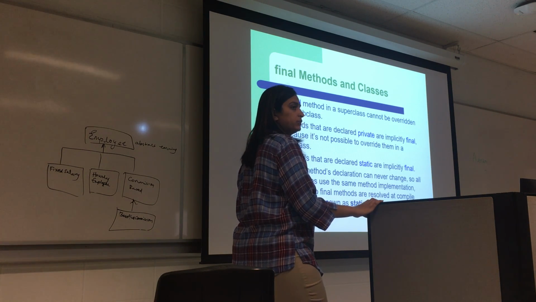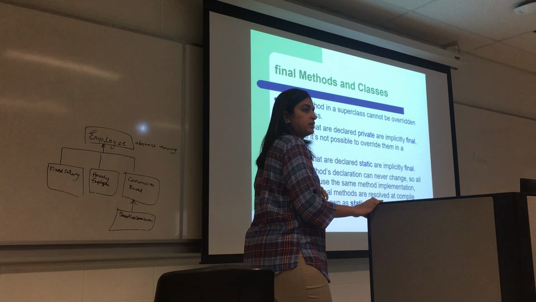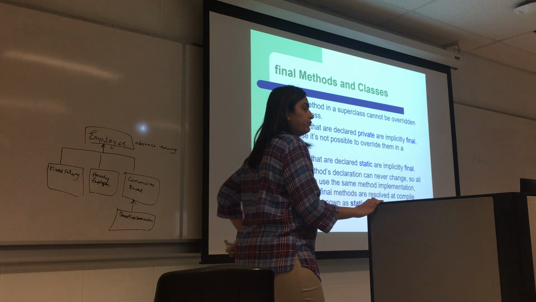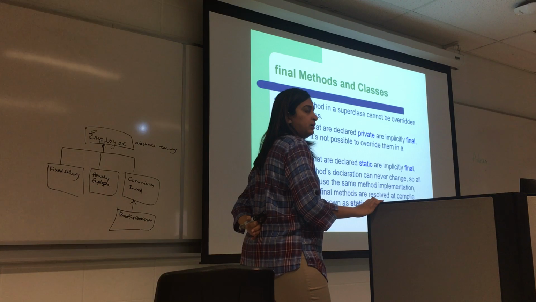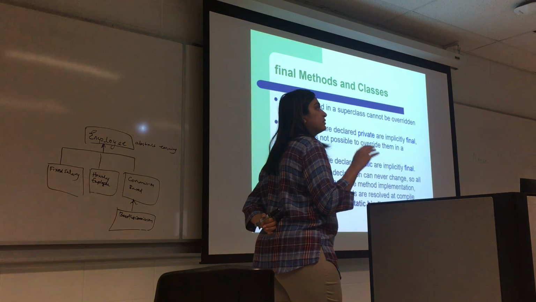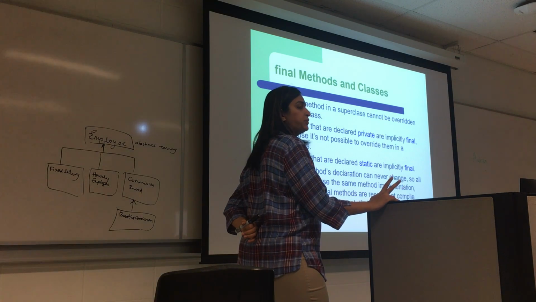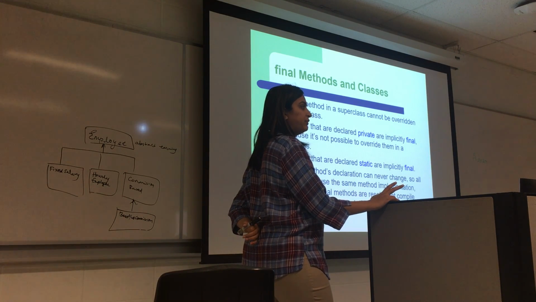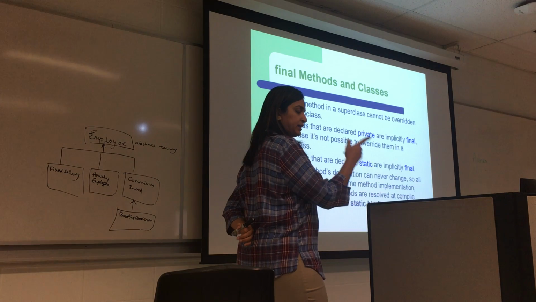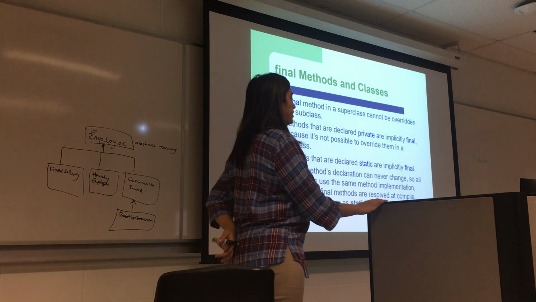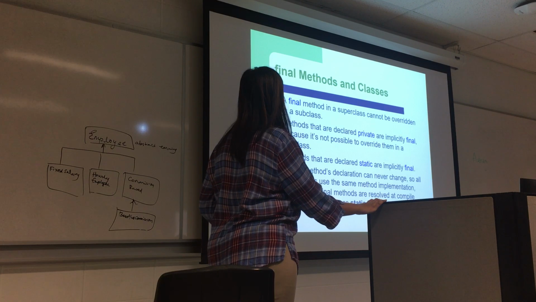No. So where can we initialize that final variable? In the class. Yes, in the class, in the first statement where it is declared, that's one option. Second option, if I don't want to declare it there, then where can I give it? Constructor. Excellent, in the constructor. So I can even initialize that in the constructor.